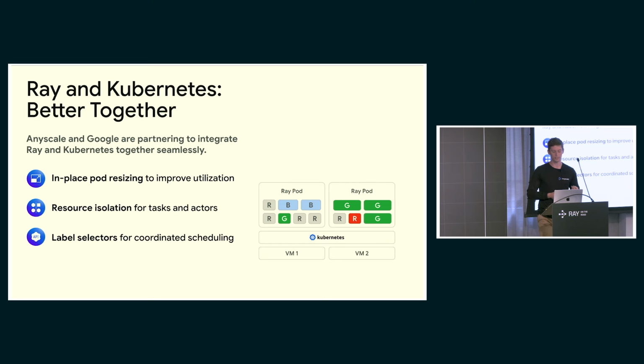I mentioned this a little bit earlier, but we're also working on a label selector API that will allow you to express requirements in the Ray application, and then we'll vertically integrate that all the way into the Kubernetes stack and place the right tasks and actors on the right types of pods without you having to stitch those things together yourself. And then finally, we're also working on improving native TPU support so that you can very easily run the same code on both GPUs and TPUs and use whatever hardware is available and whichever one gives you the best price performance.